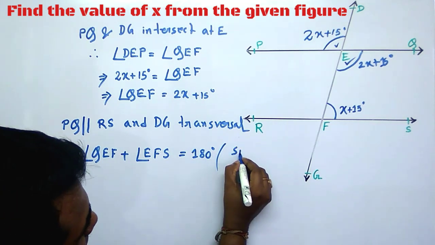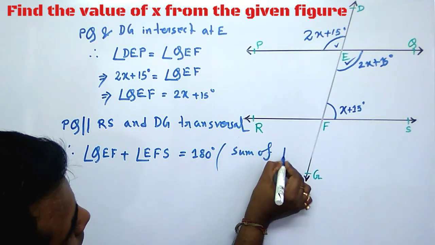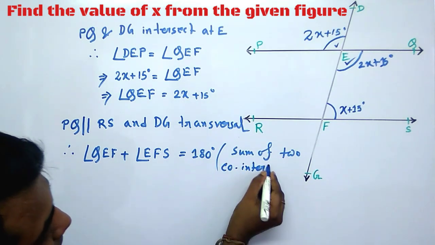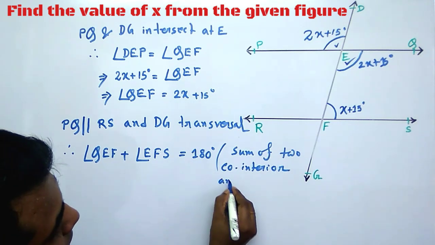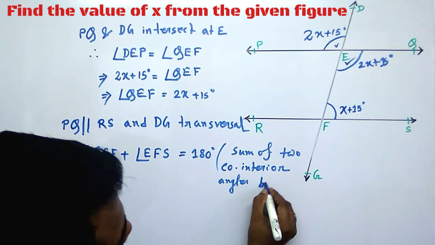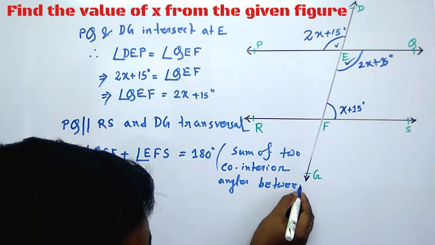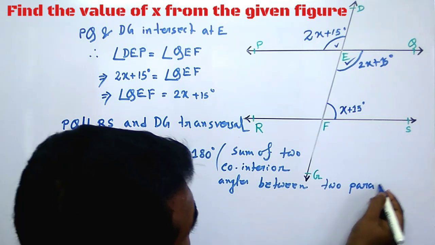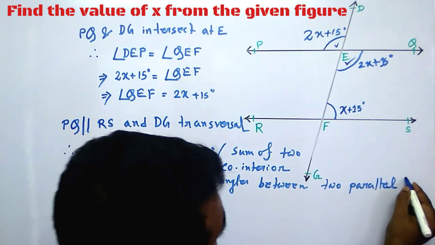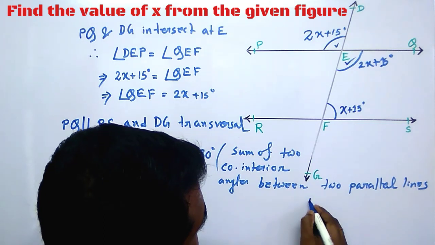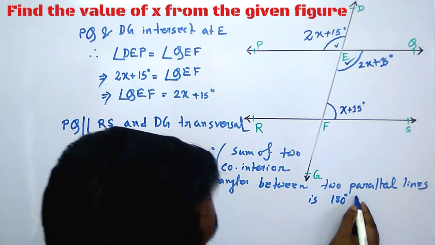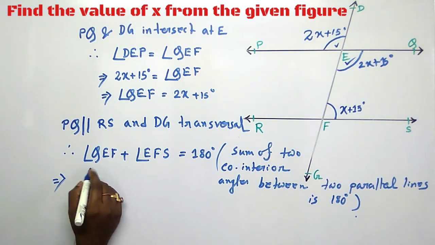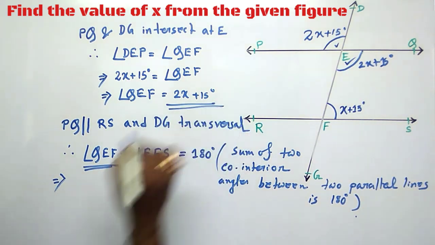The reason will be: sum of two co-interior angles between two parallel lines is 180 degree. So for this reason we will write here value of QEF, what? 2x plus 15.